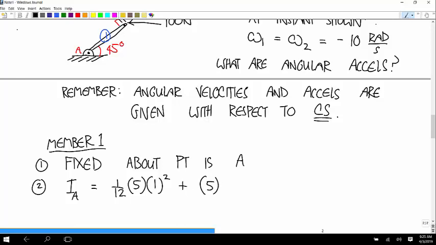Yep, it's the distance from the center of mass to the about point. And so 0.5 squared. And so 5/12 plus 1.25. What is it? 1.6 repeating kilograms meters squared.